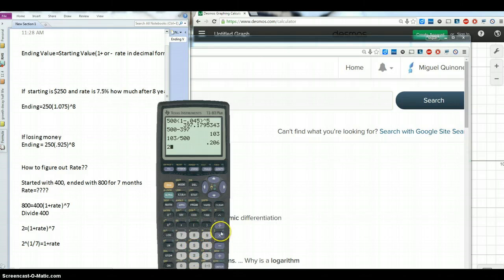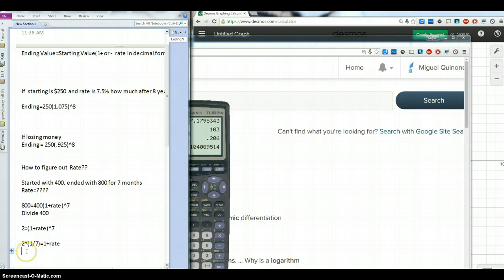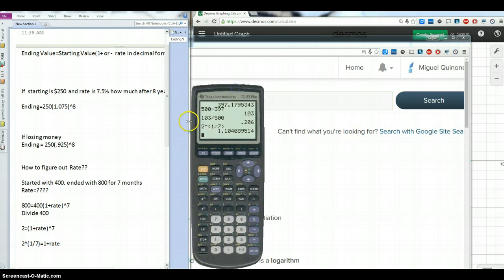2 to the power, and put parentheses, 1 divided by 7. Okay, that'll give me that. That's 1.104. Let's round it to the nearest tenth, or hundredths. So this 1.10 equals 1 plus the rate.